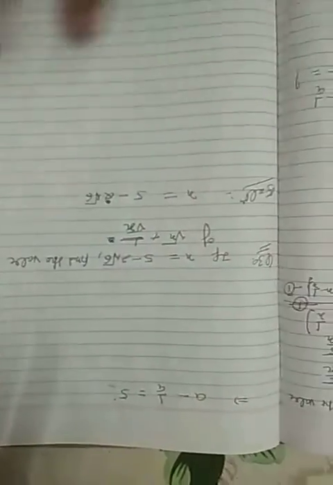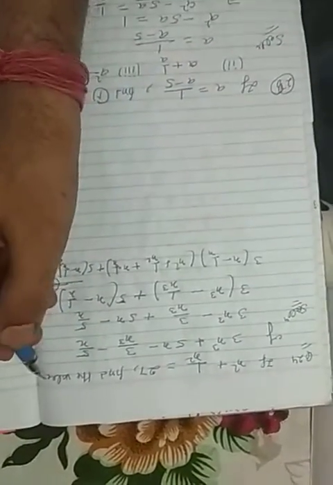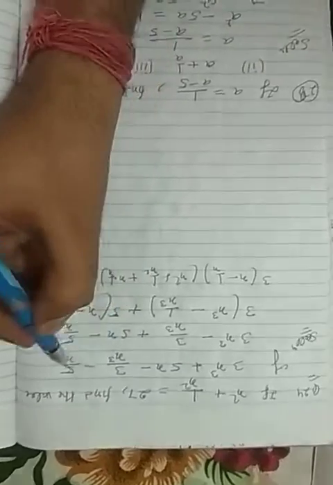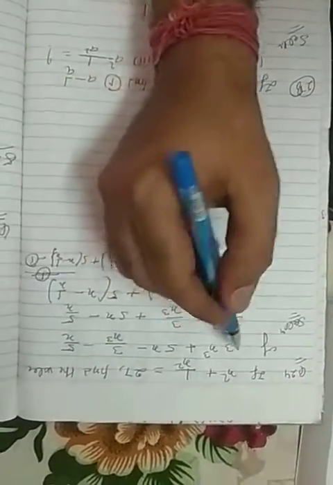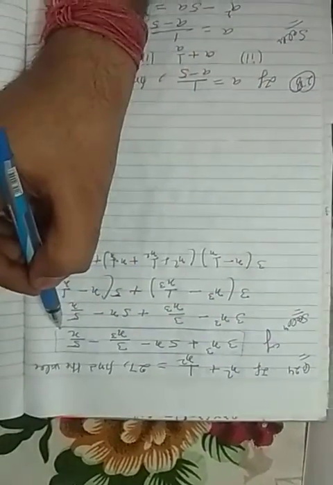Next you see question number 24. If x² + 1/x² equals 27, then find the value of 3x³ + 5x − 3/x³ − 5/x. For that we arrange these terms.